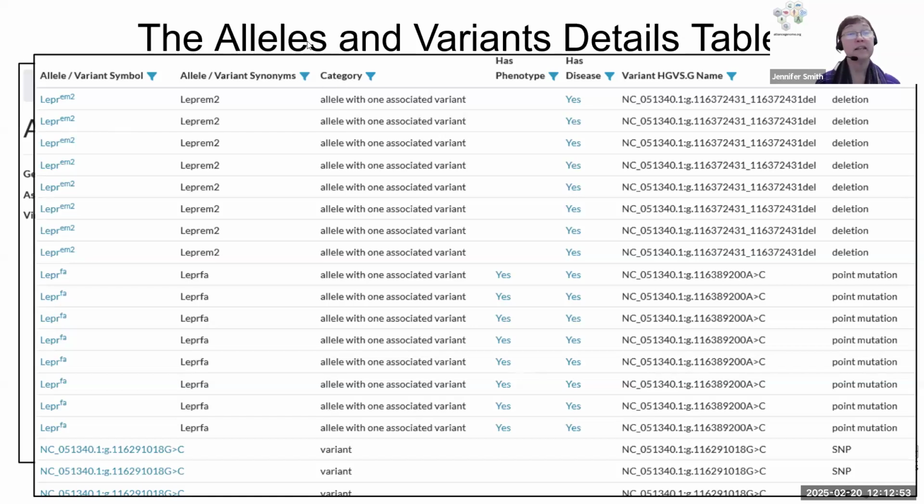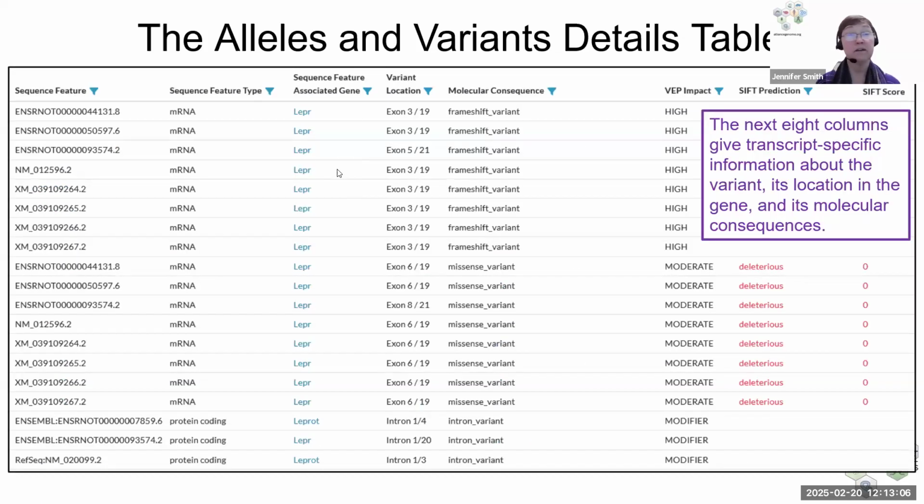And you'll notice that there are multiple rows for each allele or variant where there is a variant. And that's because the next 8 columns of the table give transcript-specific information about the variant. So you can see that this first column that's being shown here is labeled sequence features.